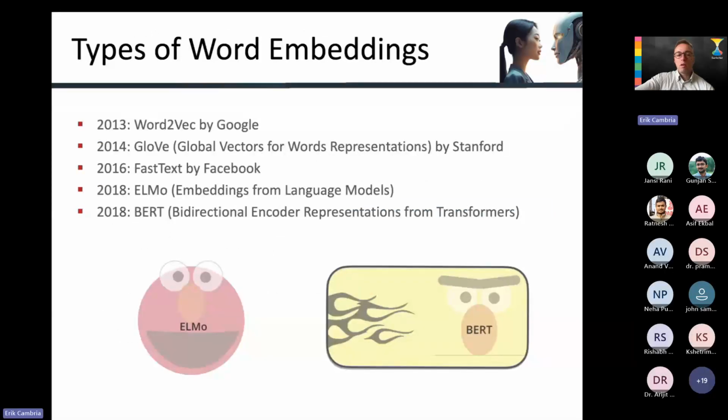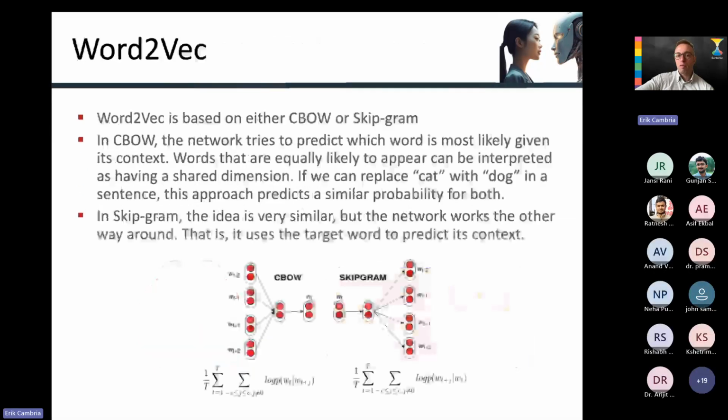So in the next few slides, I'm just going to go through a short history of word embeddings. The very first one was the one by Google, Word2Vec, that was based either on the continuous bag of words or skipgram, which are two mirrored examples of how a word embedding model can be trained.